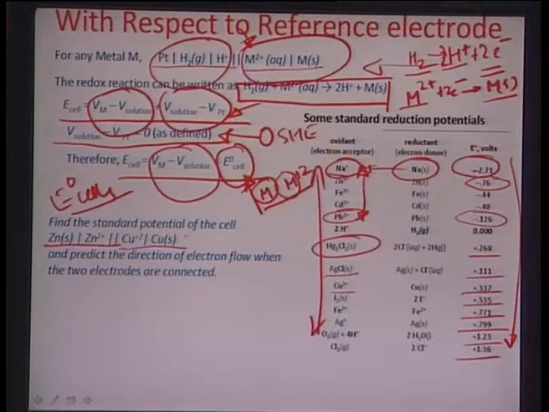Like in the case of the Daniell cell, there is an electrode which is the anode converting into Zn2+, and an electrode which is the cathode converting from the copper 2+ state into the copper 0 state.